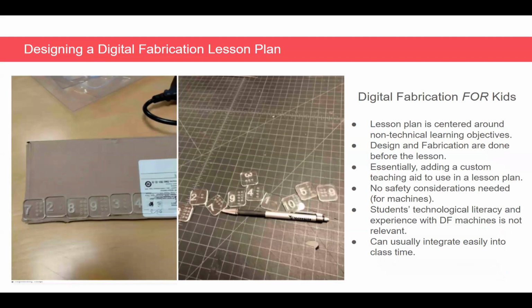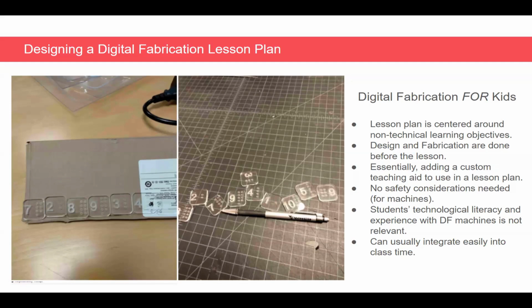So when we're working for kids, the lesson plan is often centered around non-technical learning objectives. And of course, the teachers do the design and fabrication. Essentially, digital fabrication for kids is adding a custom teaching aid to a lesson plan. So things that you don't really have to worry about when you're doing this for kids are safety considerations, because they aren't needed for the machines.